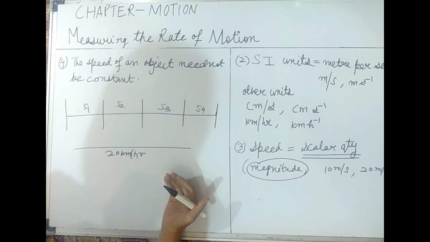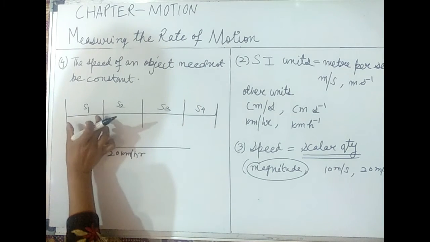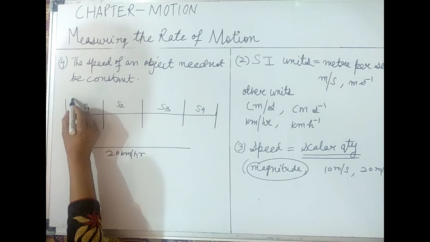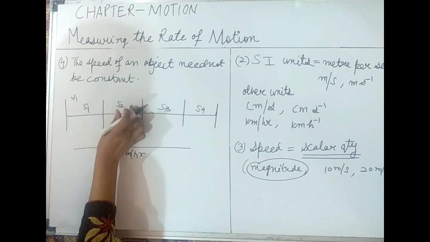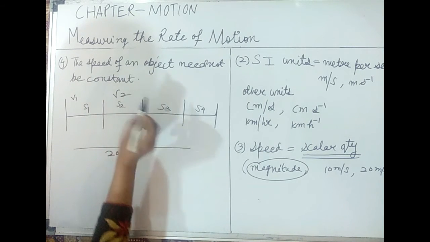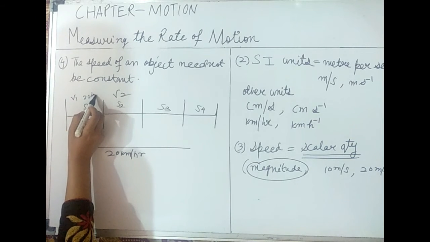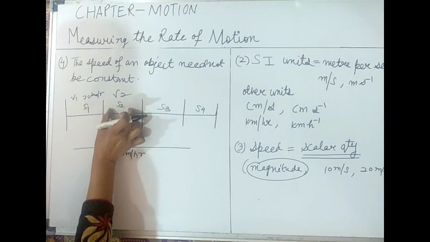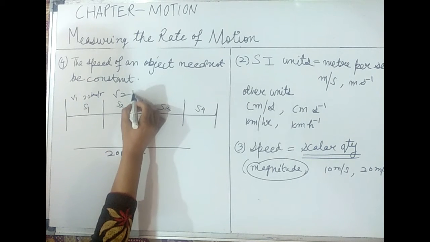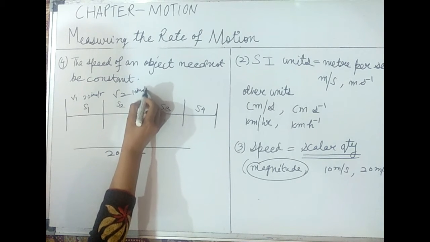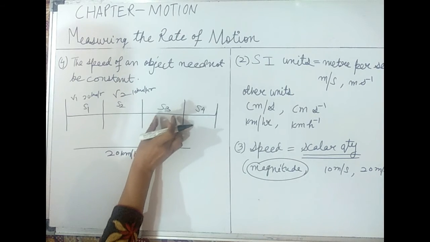But what if an object is covering different distances with different speeds? Let's say this distance it is covering with 20 km per hour. This distance s2, the object is covering with 10 km per hour. It has decreased its speed. Another distance s3.